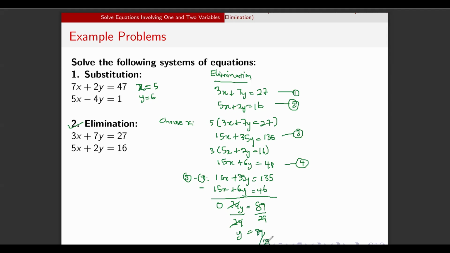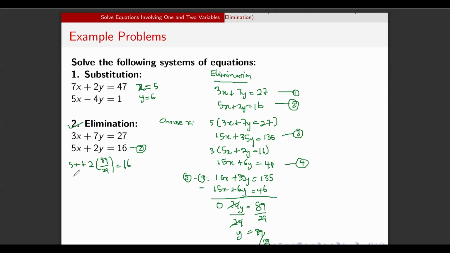I'm getting fractions as well. Let me put y into any of the original equations, and then find the value of x. So I'm going to put y into equation 2. So I have 5x plus 2y, y is 89 over 29, equals 16.